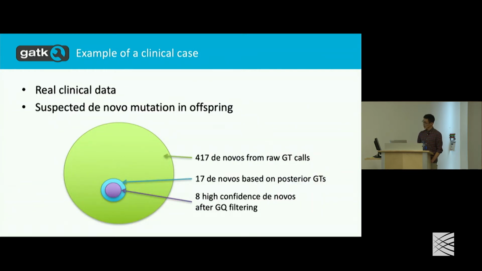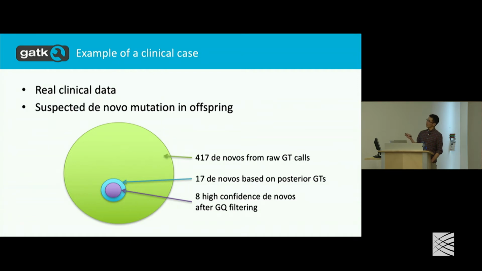And here is a real case study in which we started out in the sample with about 400 de novo mutations. So 400 mutations that only existed in the child, but again, we expect about 30, so this seems really high.